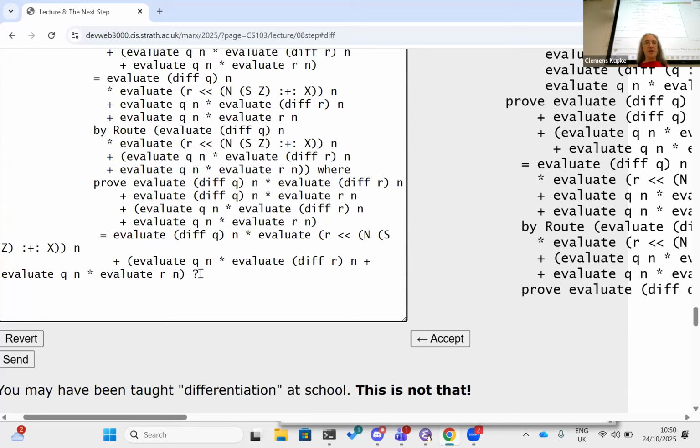And so we can see that the outermost pluses here line up.